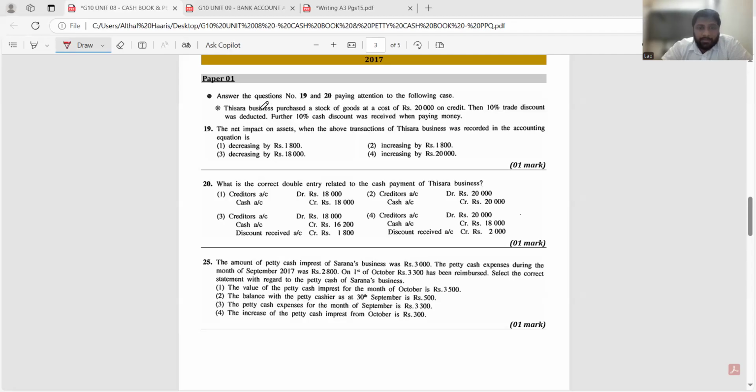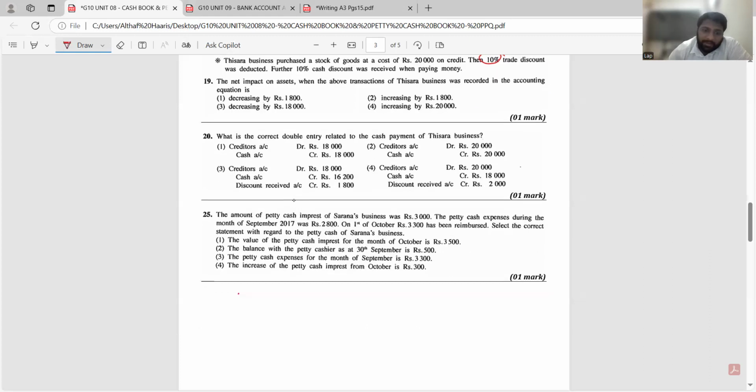So Thisara purchased some stock at a cost of 20,000 on credit, and he has received 10% trade discount. So always we have to write the value after the trade discount, Lama. 10% of 20,000 is 2,000. Then the purchase value of the stock is just 18,000.